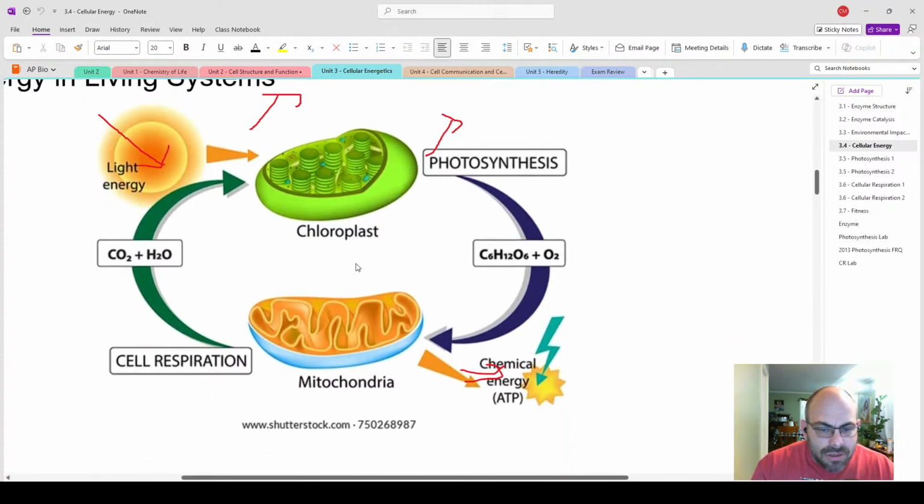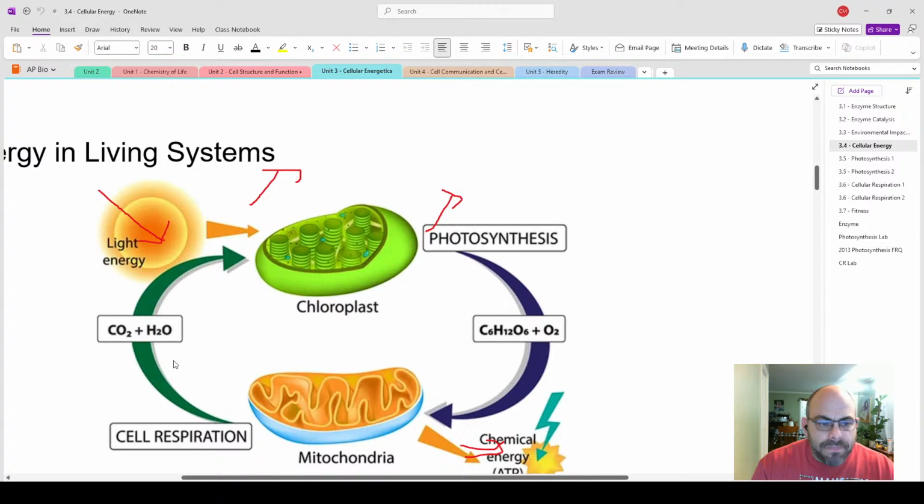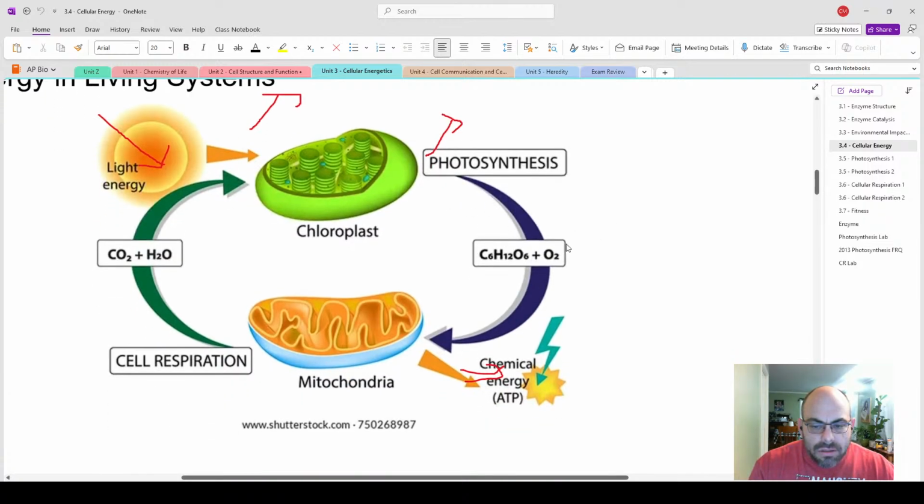Seeing these two things is linked, very important. In fact, in many ways, they are opposite of one another, and we'll go through that as we're talking about it. You've got energy coming in, right? And you've got CO2, H2O going in, and that makes glucose and oxygen.